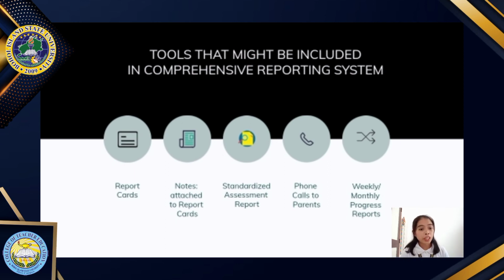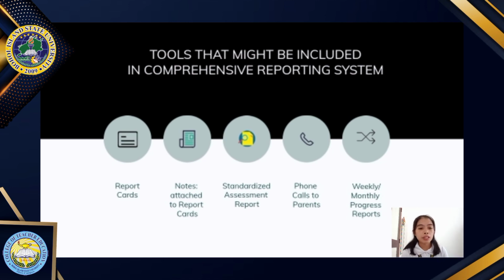First is the report cards. It is very familiar to us because report cards carry the information on a child's academic progress. And second is notes attached to report cards. For example, as a teacher, you are going to attach a note like, Anna is confident, positive, and a great role model for her classmates.